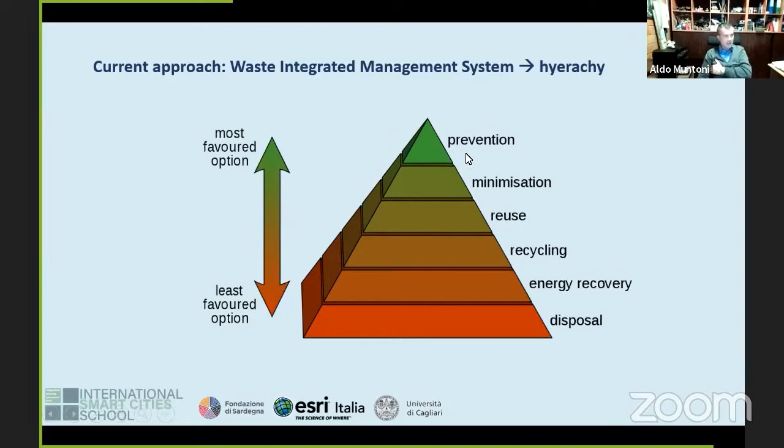Since the middle 90s, we apply the system. So this means that in Italy, we moved from a waste management system which was based basically on disposal, on landfills, to a system where it was asked to try to recycle as much as possible, to reuse as much as possible, and this in turn led to the application of the separate collection.